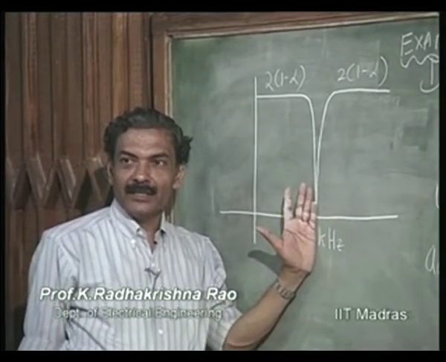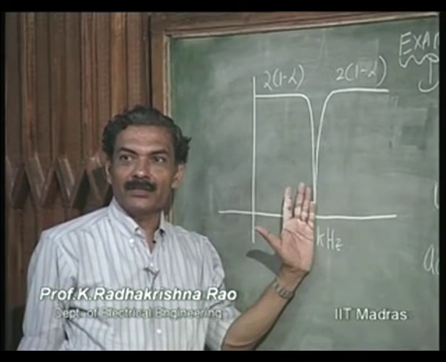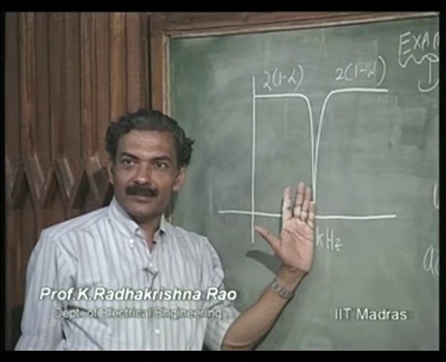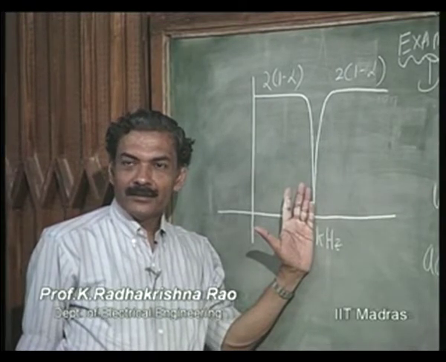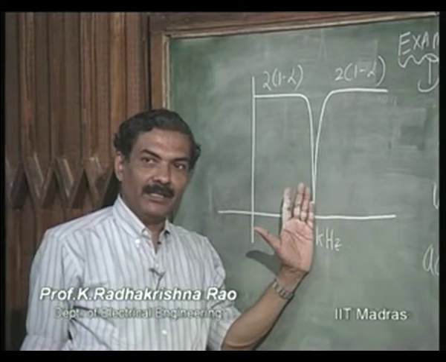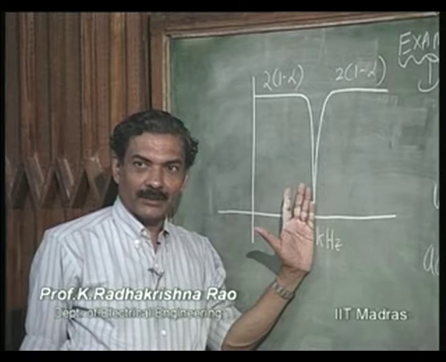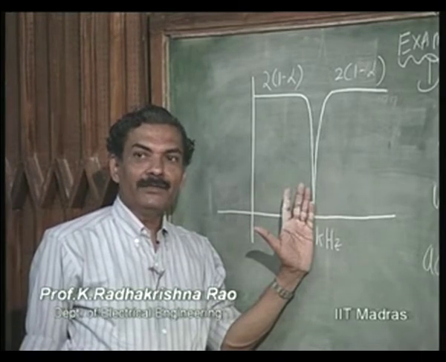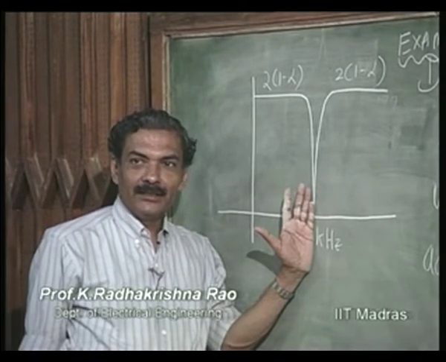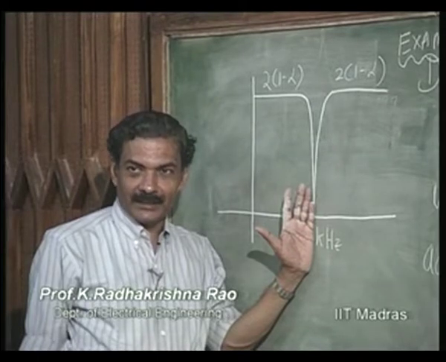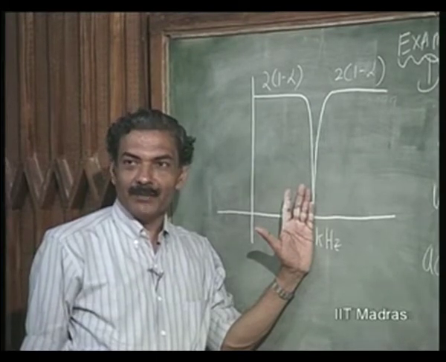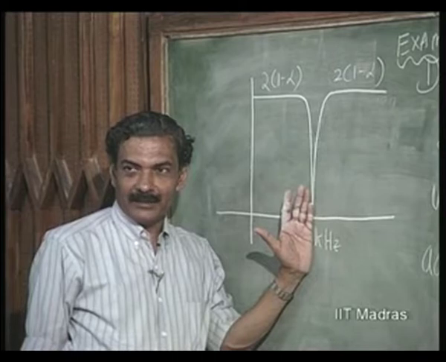Otherwise, instead of 1 kilohertz, it might remove 1.001 kilohertz, okay, very accurately, right. So, this is important. The stability of the pole frequency is very important.